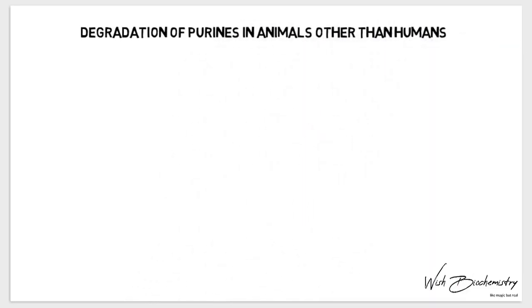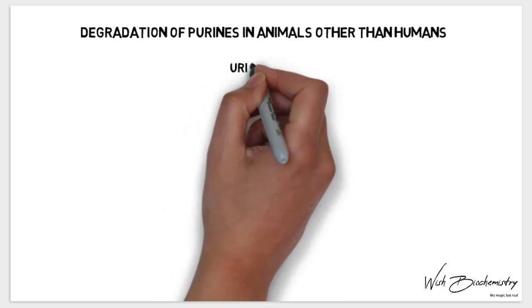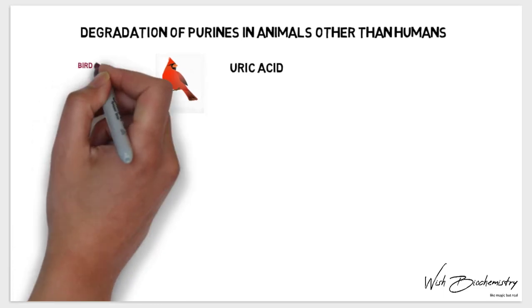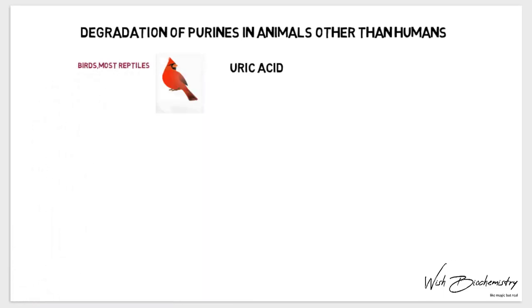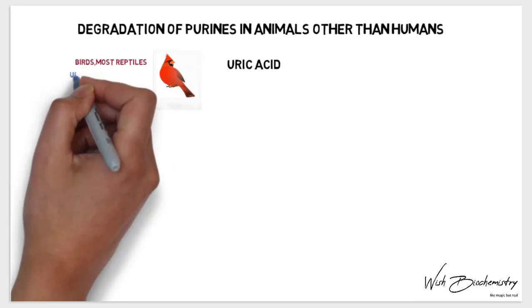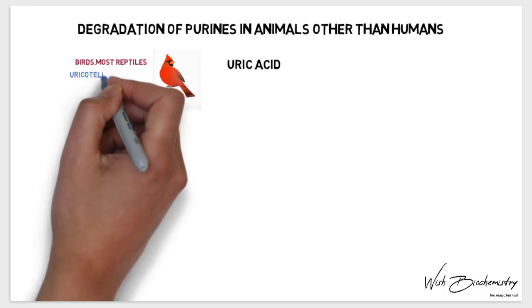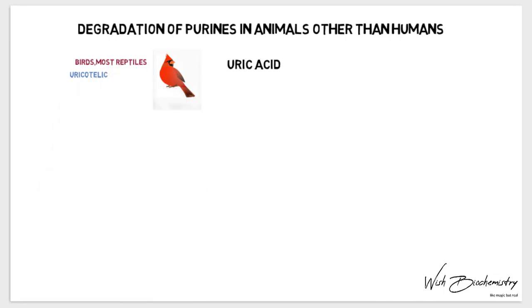Uric acid is excreted as such in the birds and most reptiles. The term uricotelic is designated for those animals that excrete most of their nitrogenous waste as uric acid, usually in urine.